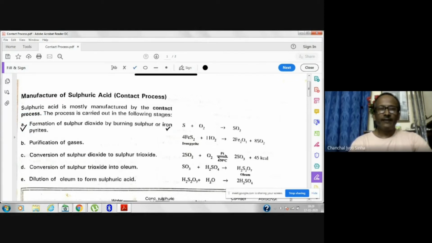When sulfur is taken, this reaction takes place, and when iron pyrites is taken, this reaction takes place. Sulfur dioxide gas is produced in this step.